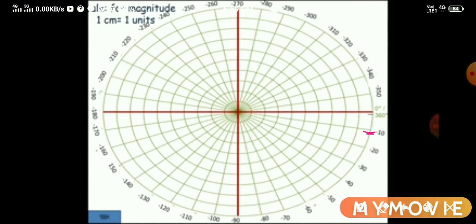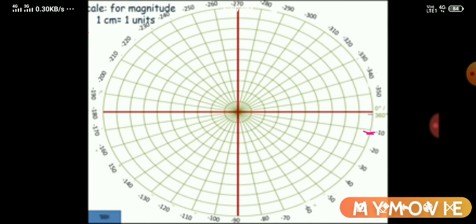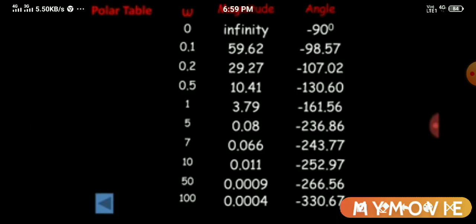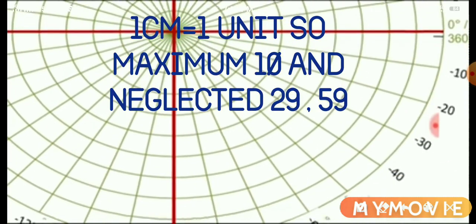Each line, as mentioned here, 1 centimeter equals 1 unit. Then here we have omega values 0, 0.1, 0.2, 0.5, 1, 5, 10, till 100. The magnitudes are also given, 59.62 and 29.27.